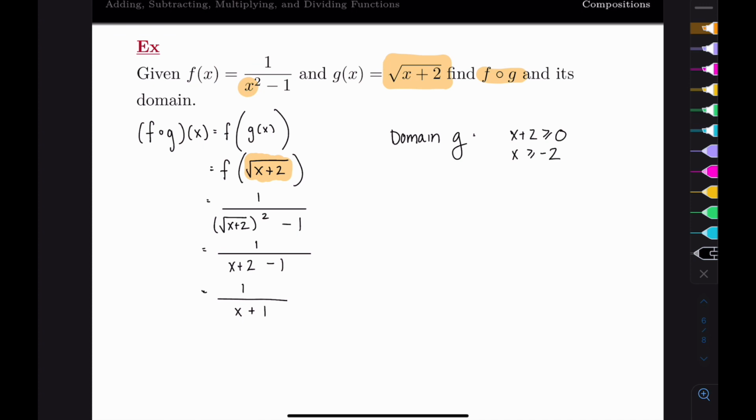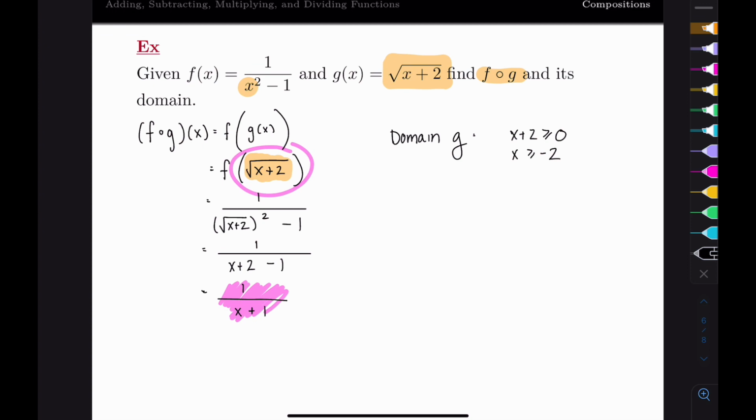Right off the bat, I cannot pick values that are smaller than negative 2. Even though in this end expression it doesn't seem like that would pose an issue, I could plug negative 10 in here, no problems. But I can't plug it in back at this step, so I cannot plug it into this function.